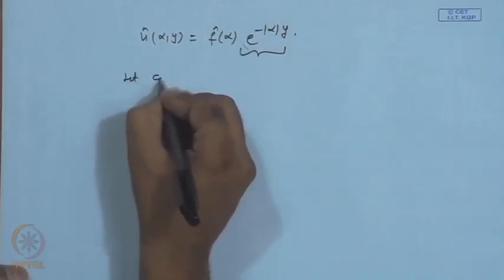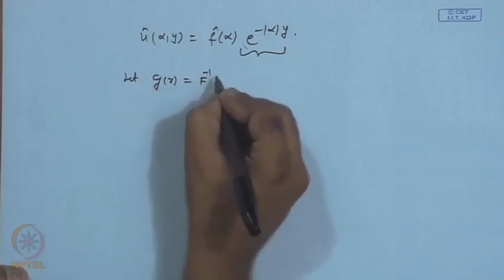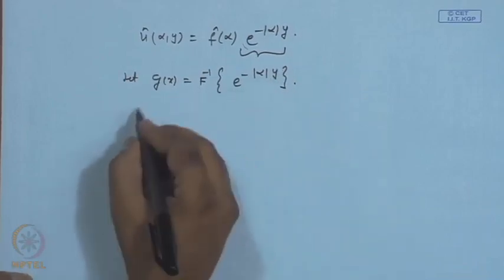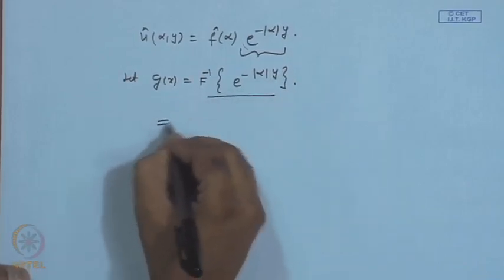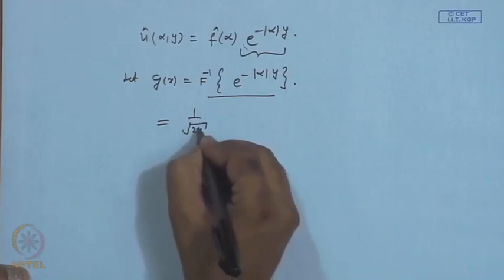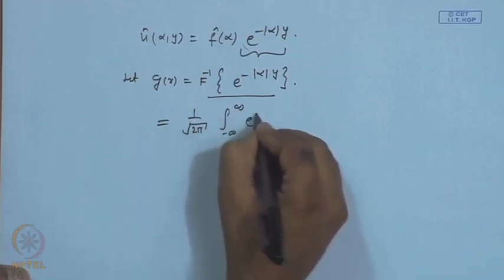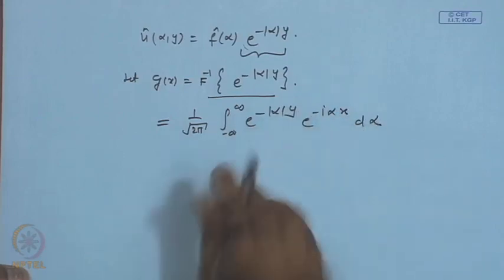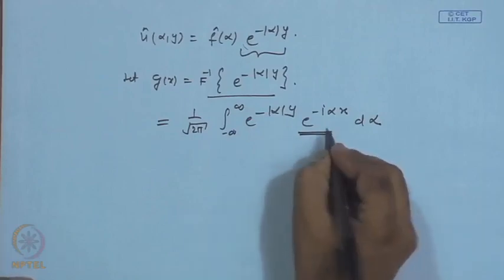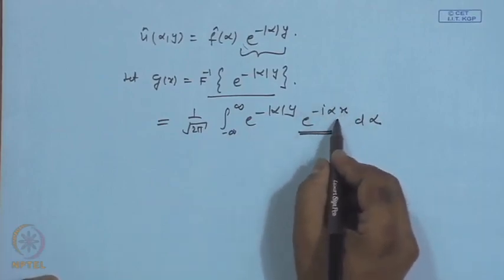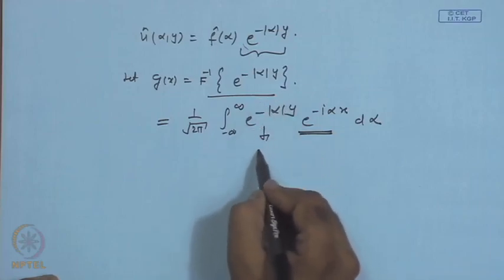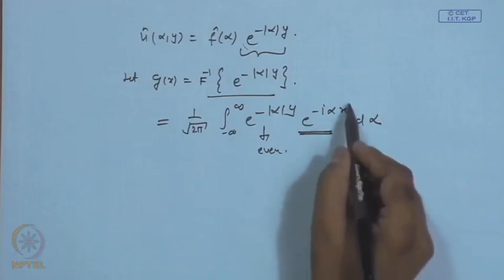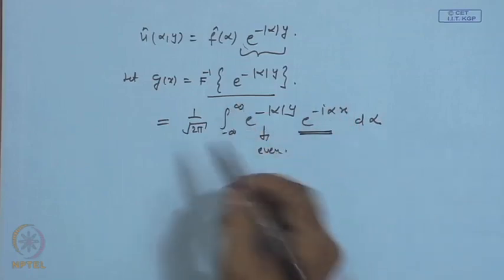So, let g(x) be the Fourier inverse of e^(−|α|y), and then as per the definition we take 1 over square root 2π, integral from minus infinity to plus infinity of e^(−|α|y) e^(−iαx) dα, and then we write this as cos αx and i sin αx. Since this is an even function, and cos is also even, while sine is odd, the symmetric integral of the sine part will be 0.